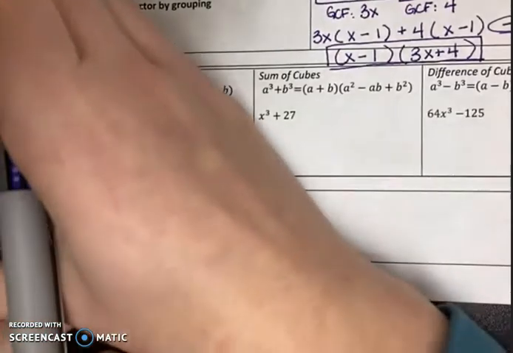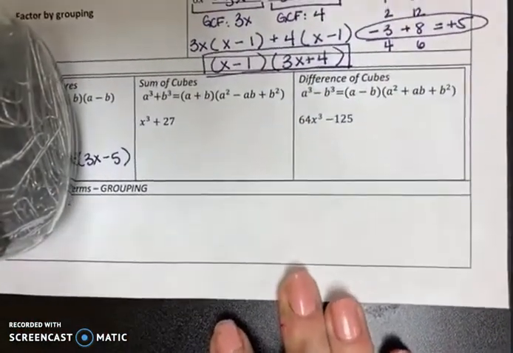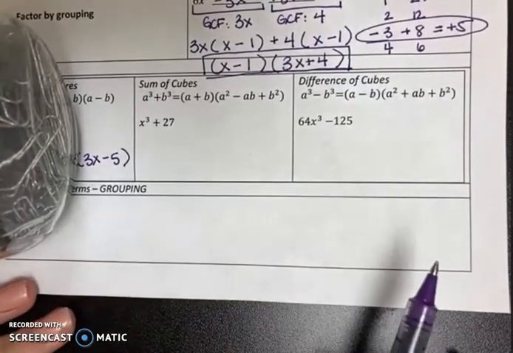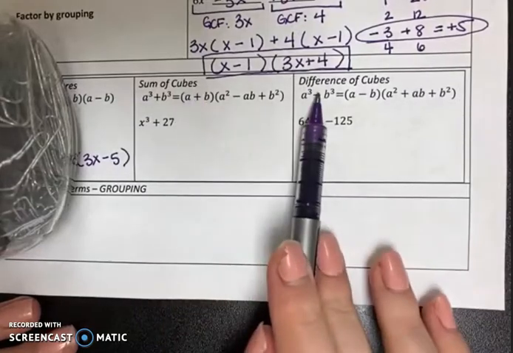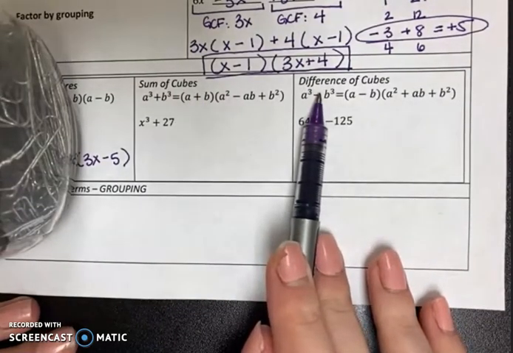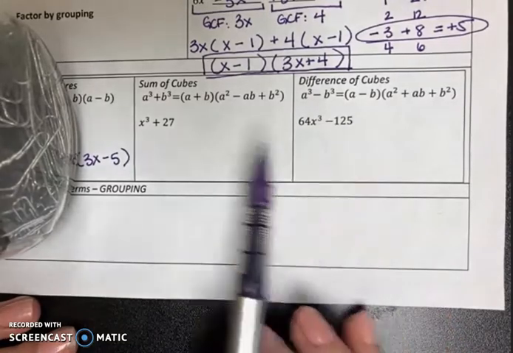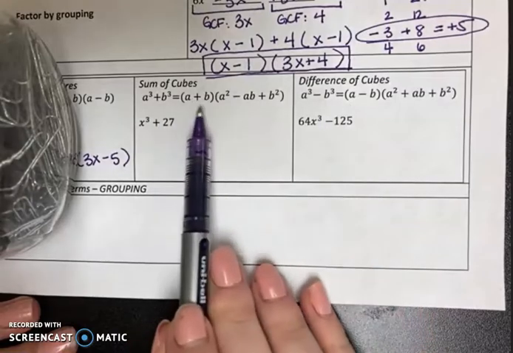Now taking a look at the sum and difference of two cubes. Not a lot of people memorize this in first semester, but I do want to point out something that'll make it a little bit easier. The sum and difference of two cubes are exactly the same other than their signs. Notice how the first parenthesis in both have a and b.